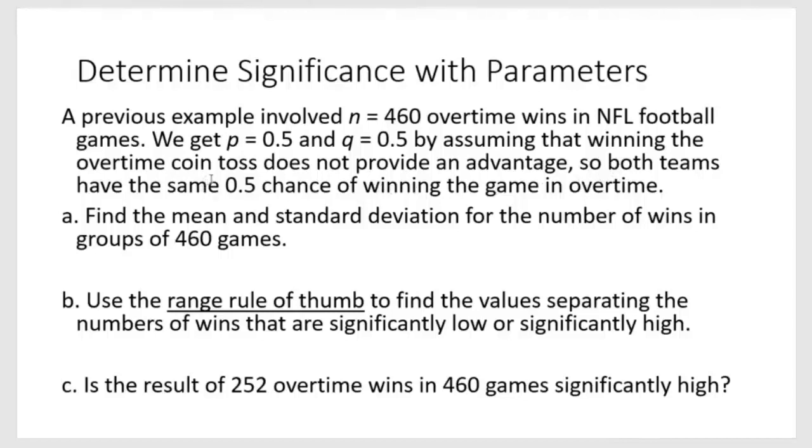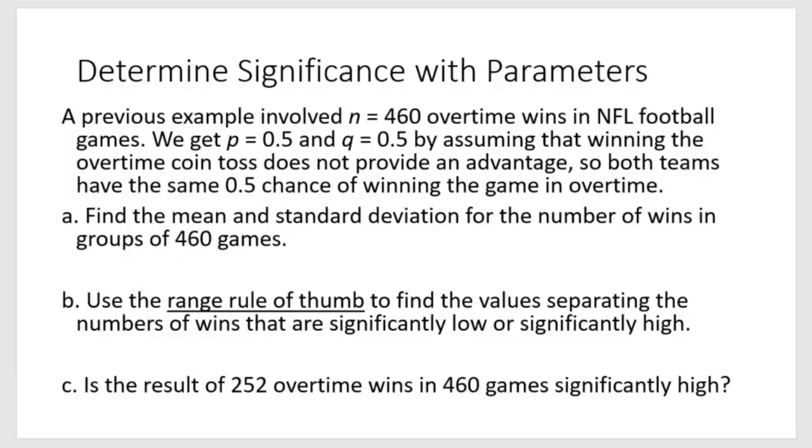So both teams have the same 50% chance of winning the game in overtime. Now I realize this is just an example. Please don't get hung up on the quarterbacks and the skill level and the kickoff and stuff. This is just saying they're going to win or lose. Find the mean and the standard deviation for the number of wins in groups of 460 games.